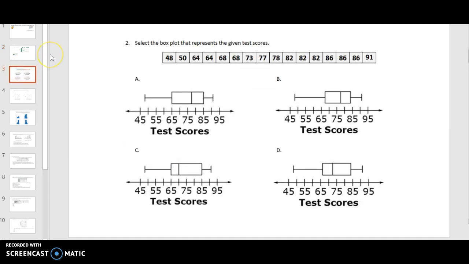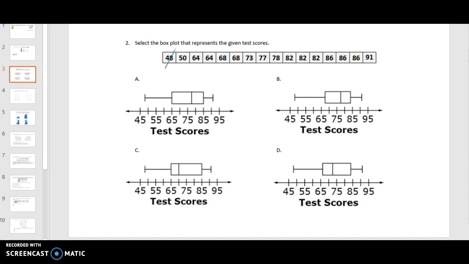Alrighty, so select the box plot that represents the given test score. So let's go ahead and figure this out. What I do first is I try to find the median. It looks like they were so nice and they already put them in order from least to greatest.